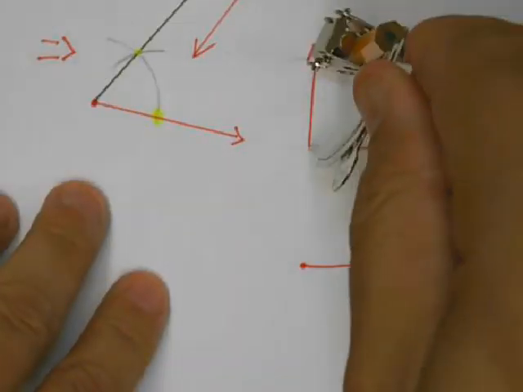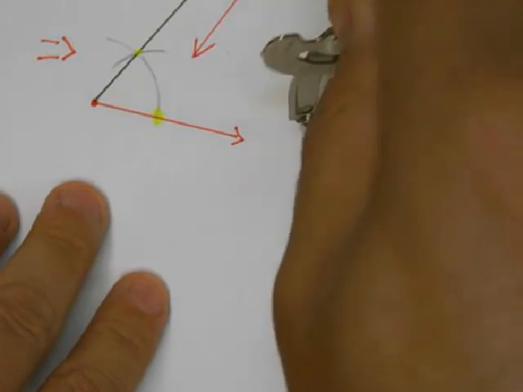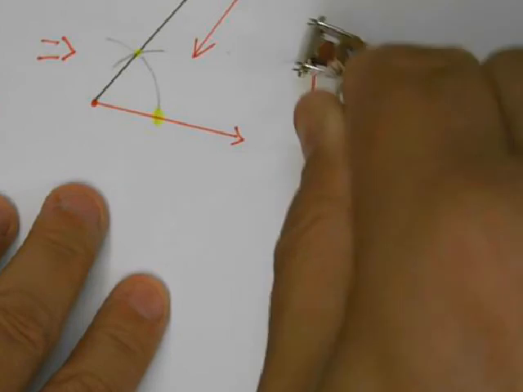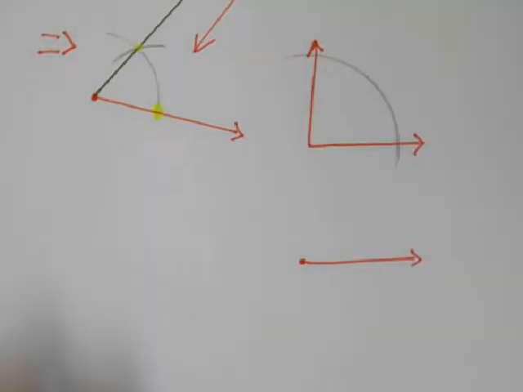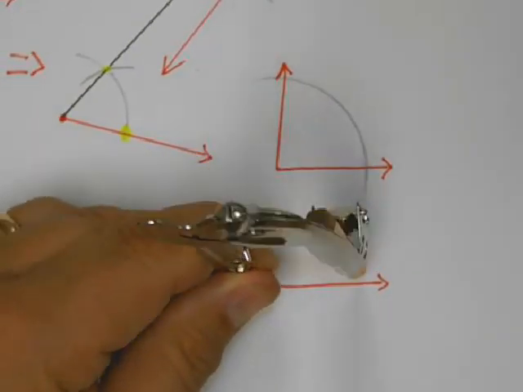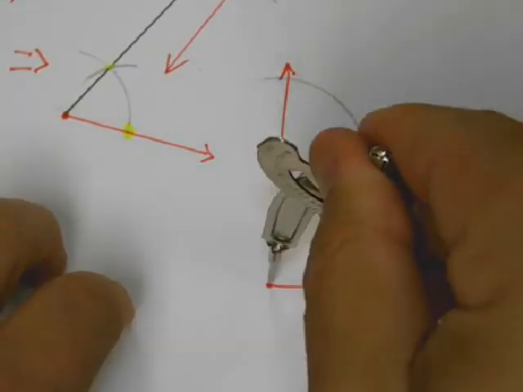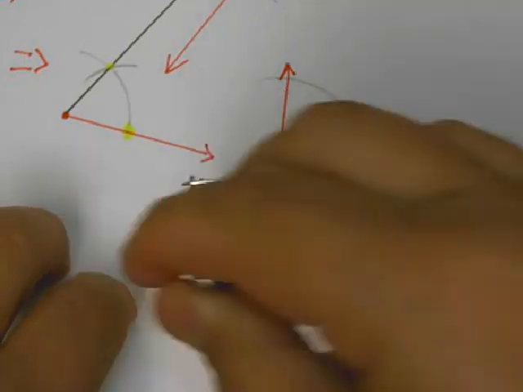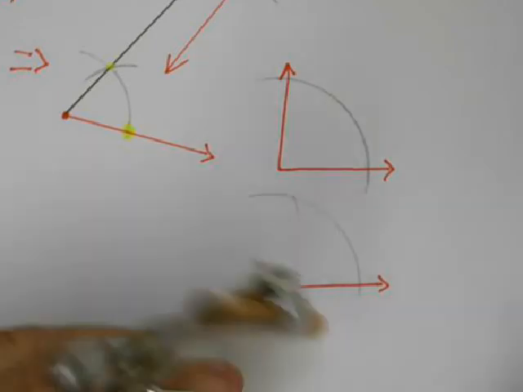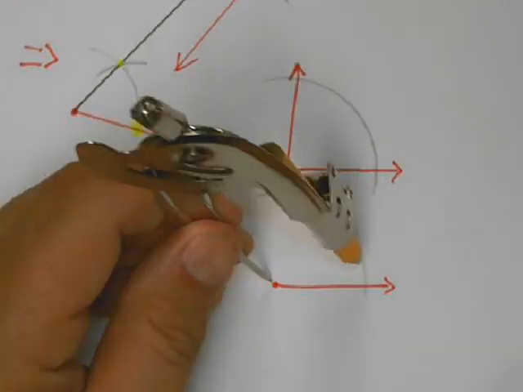I like to use the compass by holding it at the top, like that, and twist it. That's just a preference of mine. I'm going to go down here where I'm going to copy the angle and do the exact same thing. Sometimes your compass will move.